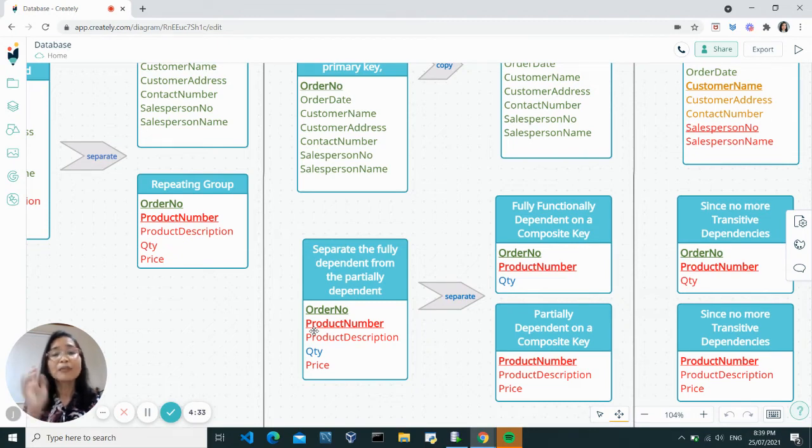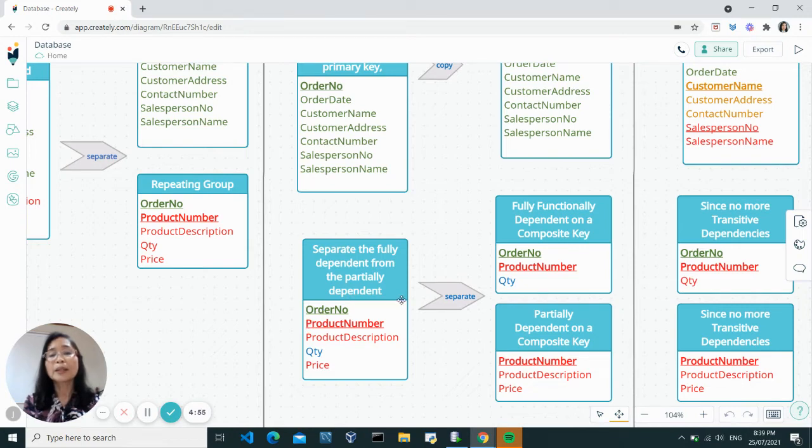Yes. I have to know who made the order, that is, in this information, and I also need to know what was the item that was ordered. But for me to know price, I don't need to know order number. I just need to know product number.